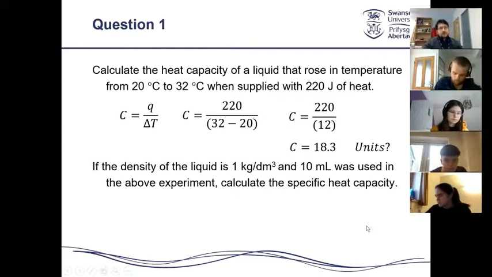And within these types of problems and questions, it's always a good idea to keep in mind what you're trying to work out, and also keep in mind the units of everything. So we know we need to work out the mass of this liquid which was in this experiment to get a specific heat capacity.